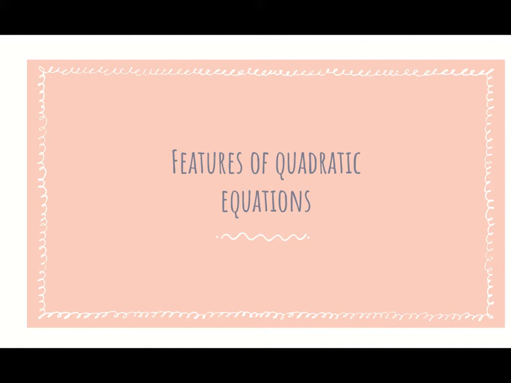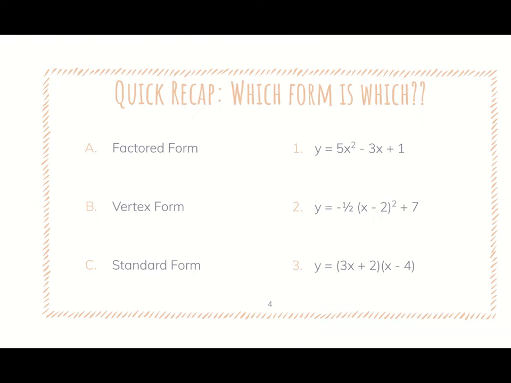So our first goal is to look at the features of quadratic equations in all forms and pick out what each quadratic equation form tells us, and what is the most important feature that we can gather from it. First, a quick recap: which form is which? This is an important idea: can we even determine what the forms that we've learned look like?